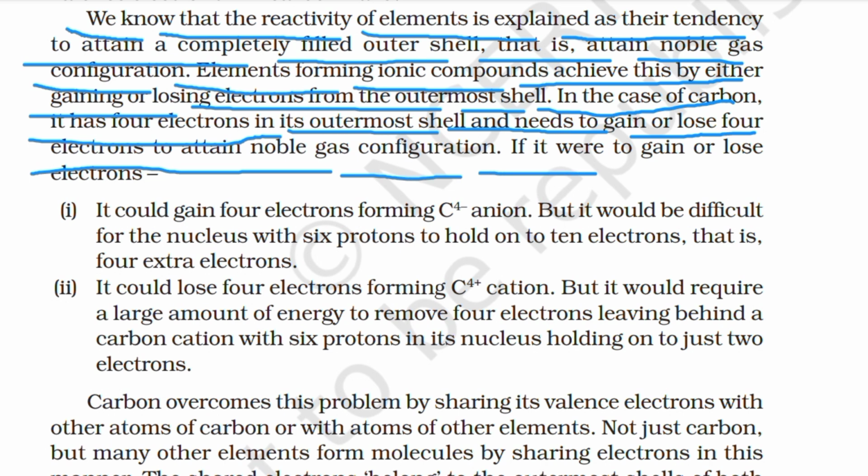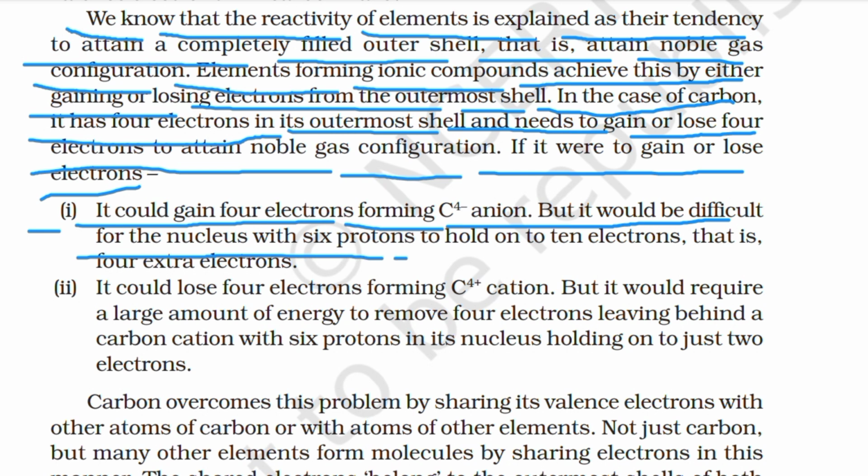If it were to gain or lose electrons, first it could gain 4 electrons forming C4- anion, but it would be difficult for the nucleus with 6 protons to hold on to 10 electrons, that is, 4 extra electrons.